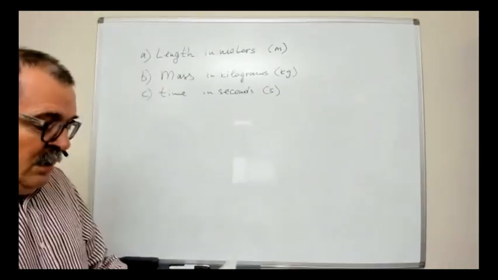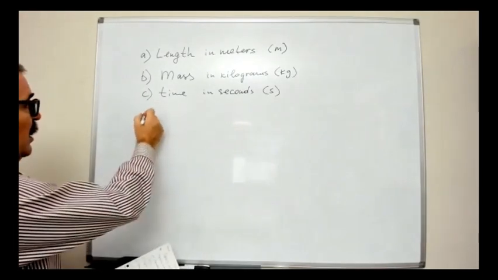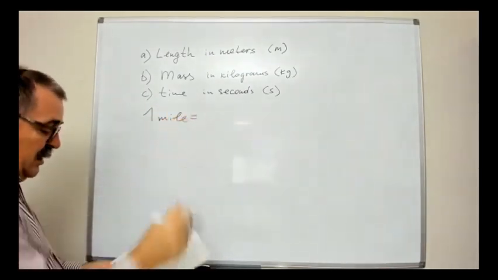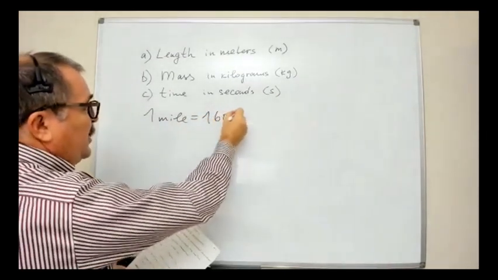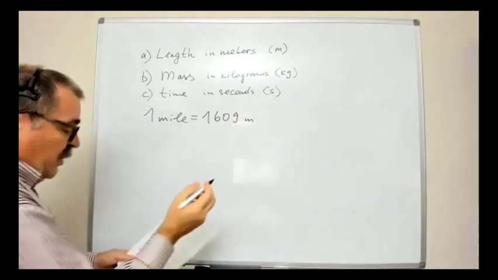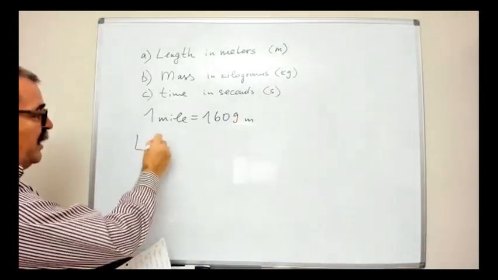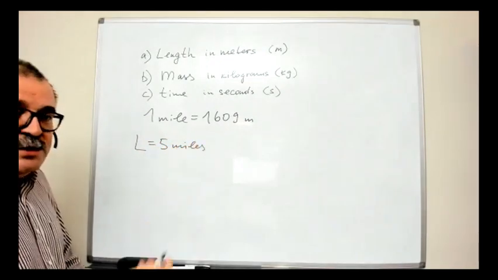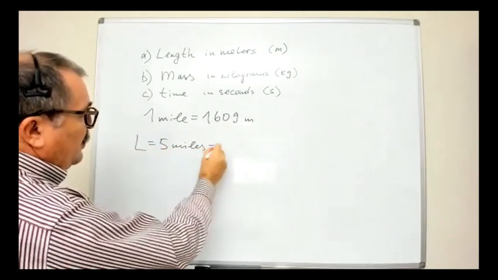But just to demonstrate, let's say 1 mile, how to convert. 1 mile in meters is 1,609 meters. And the question can be, if you have a distance of 5 miles, how many meters are in that distance?